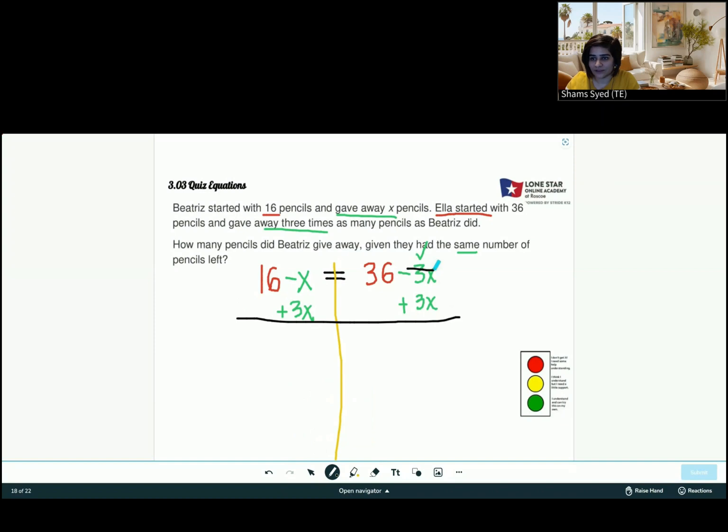So this got rid of, you have 36. And here is negative x plus 3x, 2x, and you also have the 16.